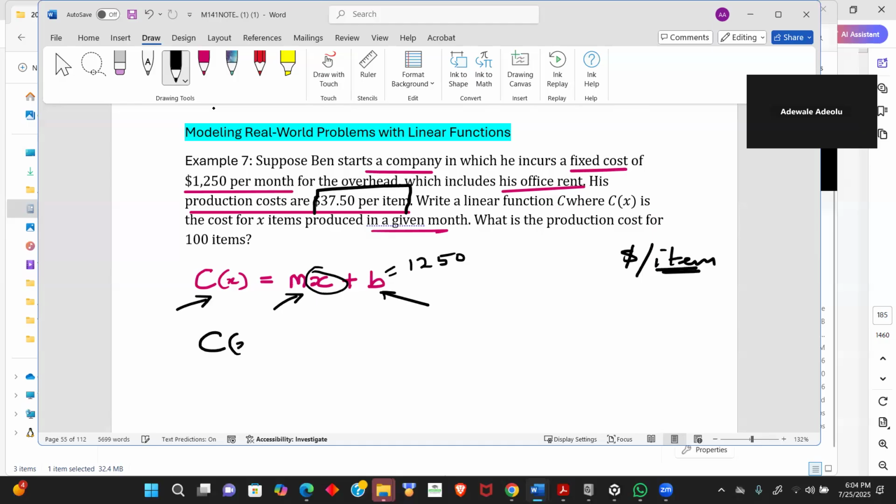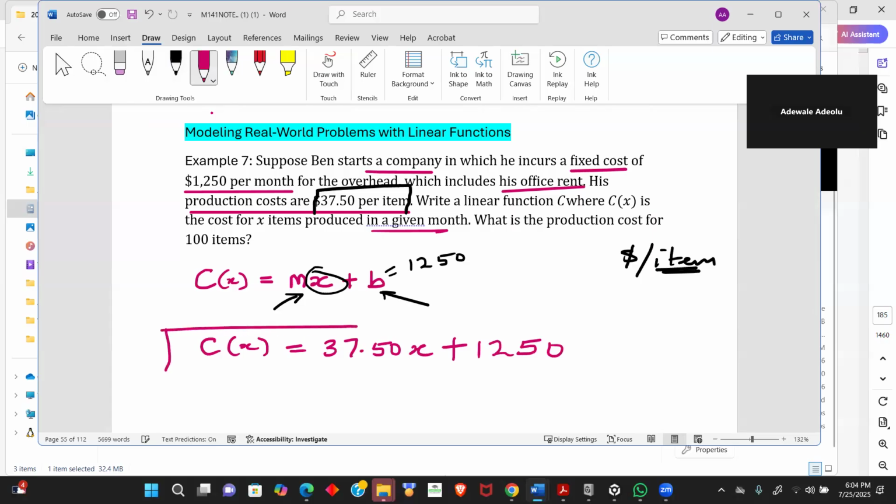Therefore, we just need to write C of x equals, our slope is 37.50, times x, where x is the number of items, plus 1250. That is the equation that models Ben's costs of production.